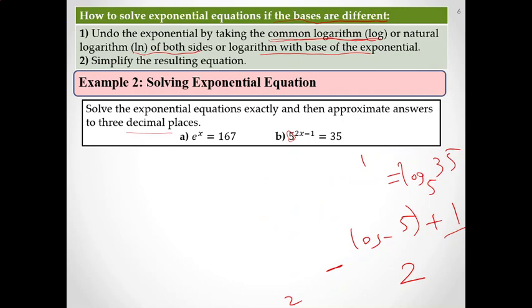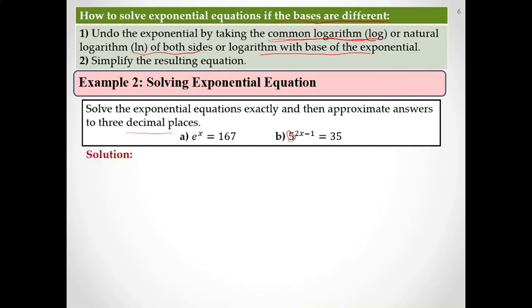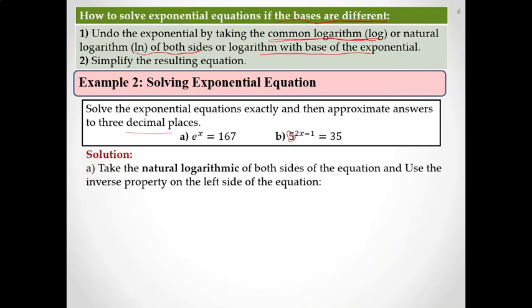Now I want to show the numerical answer. So first you take the logarithm of both sides. Here, what I did is done by log base e again. So this log base e means this ln here.